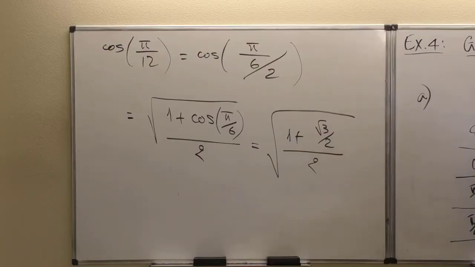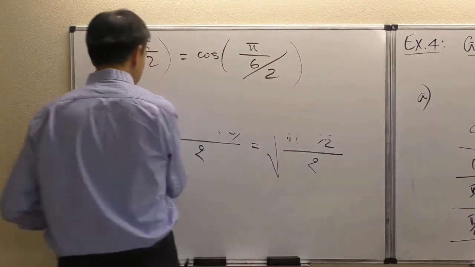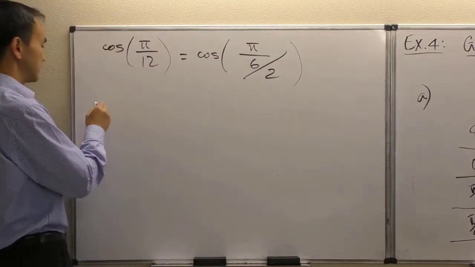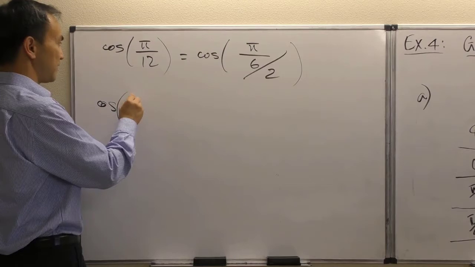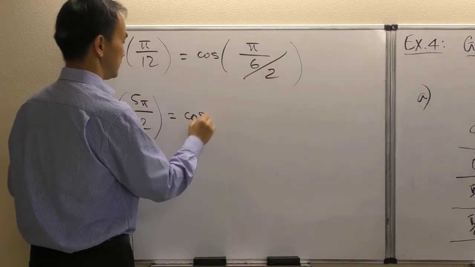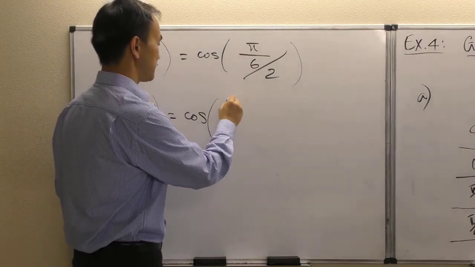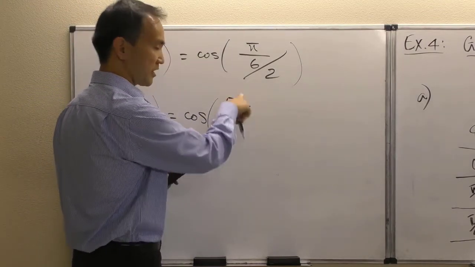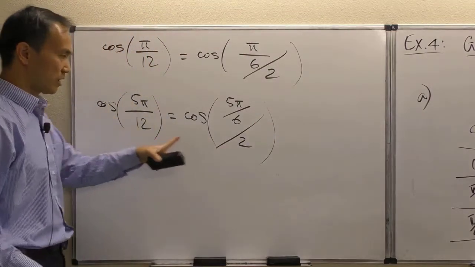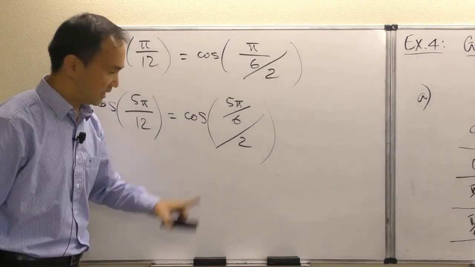Okay, so again, I'm seeing cosine of 5 pi over 12 as cosine of 5 pi over 6, which is a common angle, but over 2. So I'm seeing 5 pi over 12 as half of 5 pi over 6. And this is a common angle.